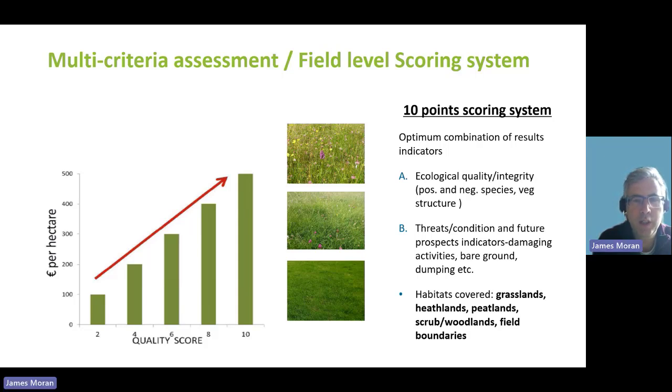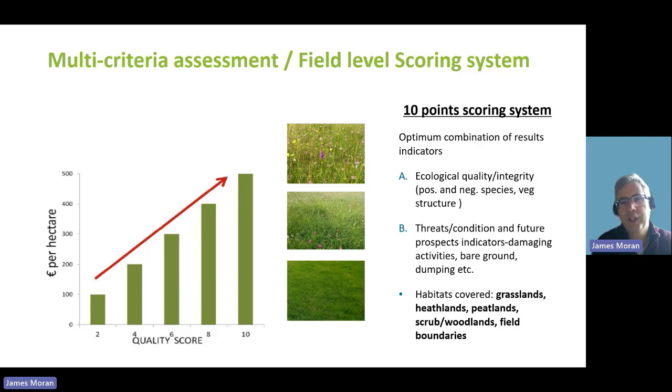Often our scorecards have an A and a B section. In the B section, the indicators measure things like the hydrological or soil conditions and a range of threats or damaging activity to the future prospects of these areas. Now, not every system includes all indicator types, and depending on the habitat, be it peatland, woodland, or grassland, or the particular target species, various indicators can be adapted to make sure they correlate well with the overall goal of the program.